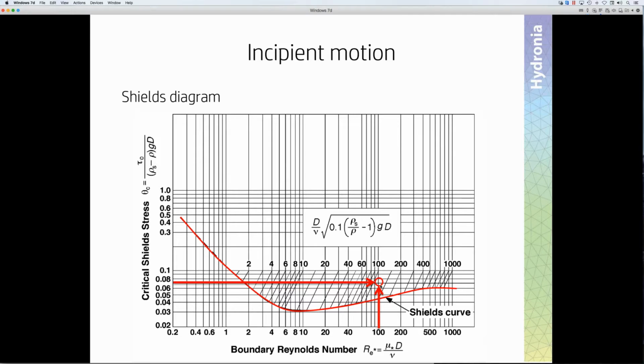So the shear stress that the flow exerts on the particle is able to entrain it into the flow, and it carries it downstream. If the combination of these two parameters gives you a point below the curve, then the particle cannot move, either because it's very big or because the shear stress is not enough to entrain it in the flow.